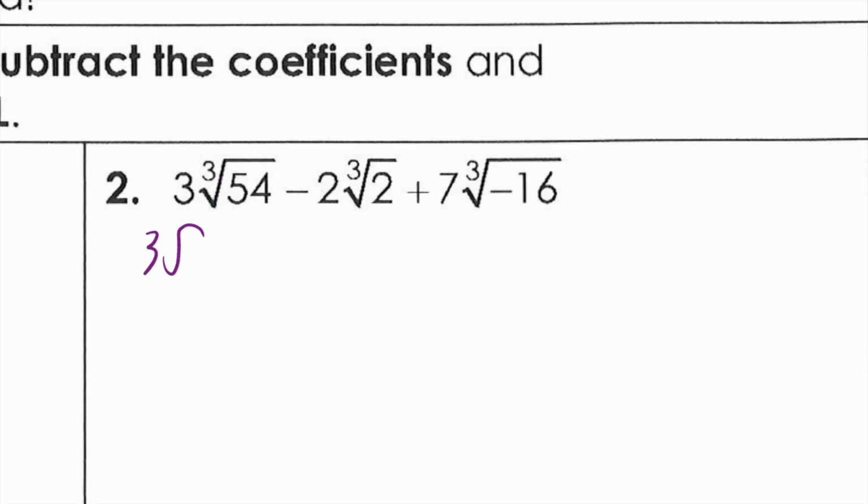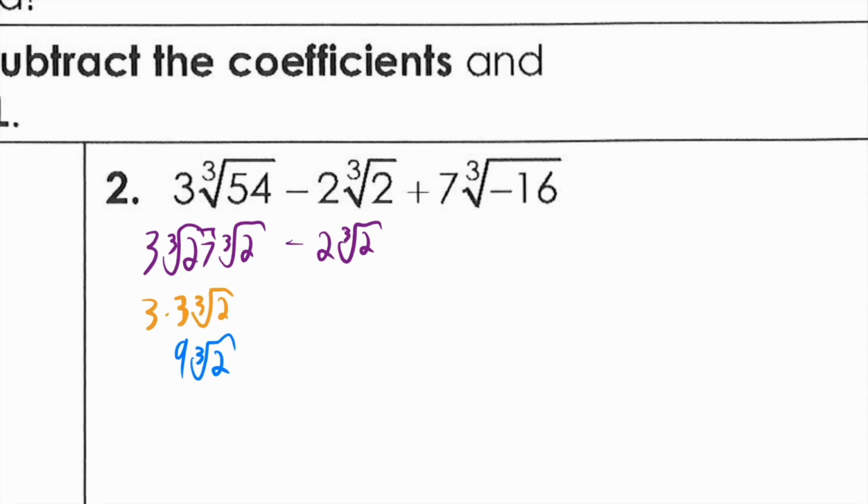So 3 times the cube root of 27 times the cube root of 2, which is 3 times 3 times the cube root of 2, and 9 times the cube root of 2. This middle term just stays the same, because you can't simplify it.